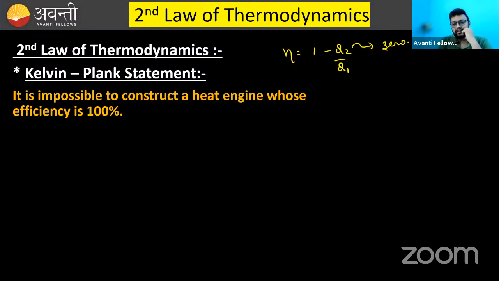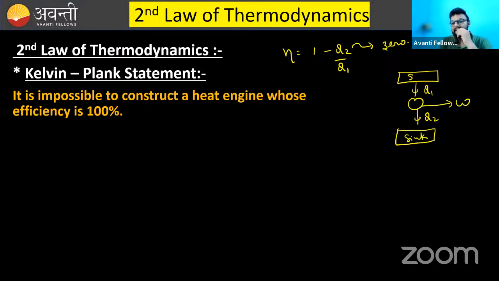If a sink is not needed, for example, this is our source, this is our sink, and I think you remember that this is Q1, this is Q2, and this is our work done. This is the sink. So what are they saying? They are saying that Q2 should be 0.